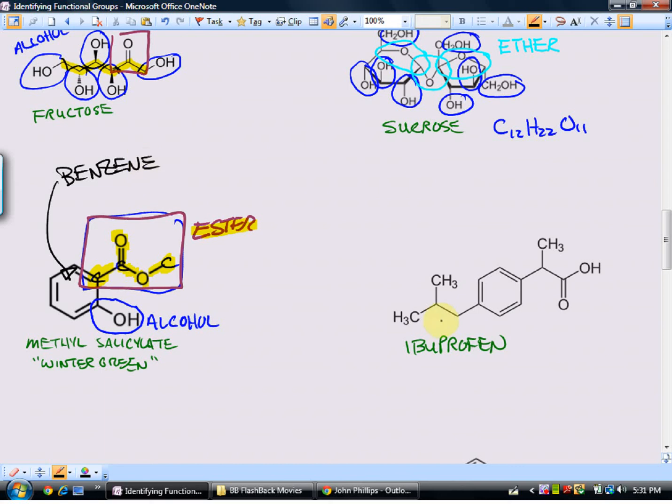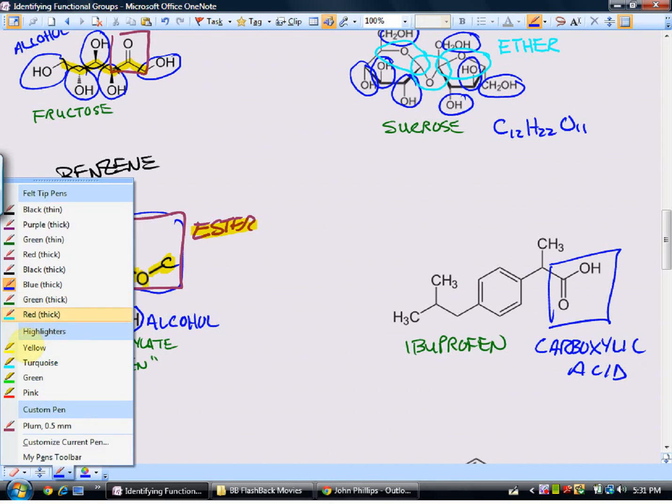Have you gotten a headache? Perhaps you need some ibuprofen. Here's the structure of ibuprofen, the active ingredient in over-the-counter medications like Advil. So let's do the analysis with ibuprofen. What functional groups do you see? Looking at it pretty closely here, the only functional group we really see is right here. Everything else is hydrocarbon. I hope you identified that as a carboxylic acid. So ibuprofen has only one functional group, the carboxylic acid functional group.